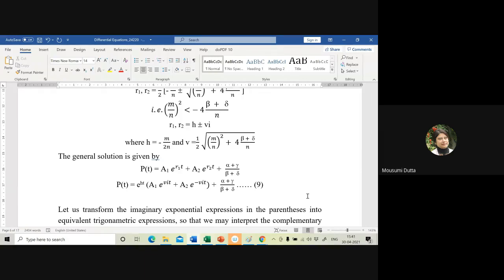Okay, so everybody is understanding equation number 9, I hope. You have to understand equation number 9 very well, because the rest of the discussion will be based on this equation.